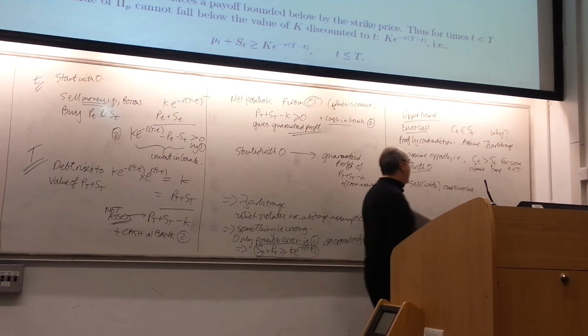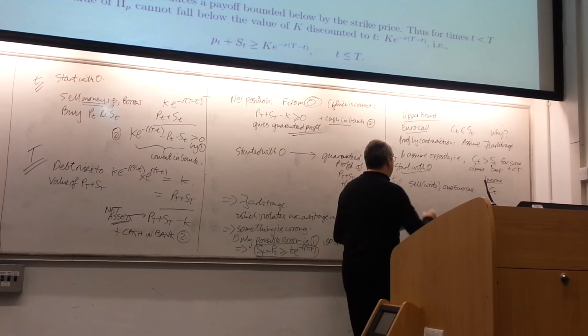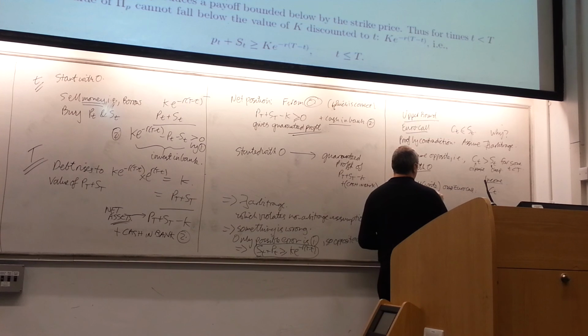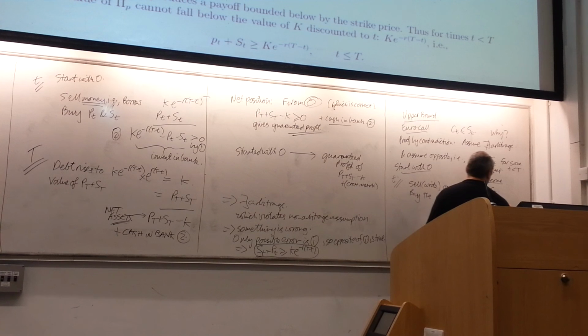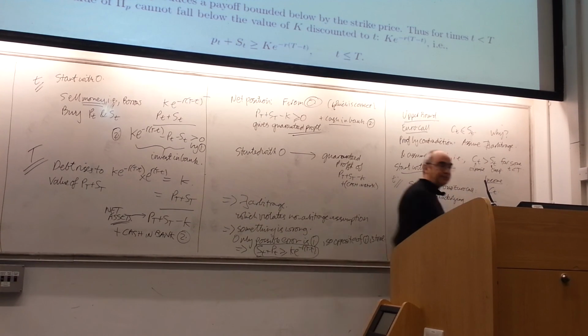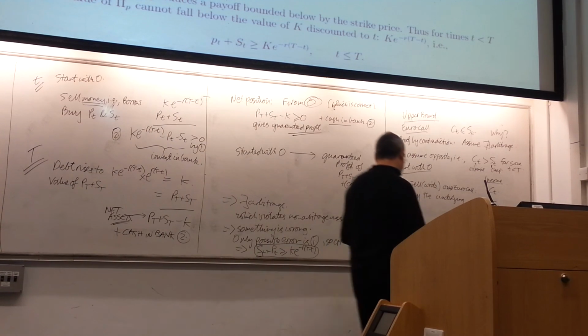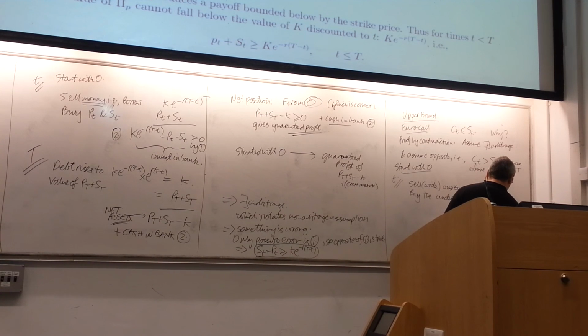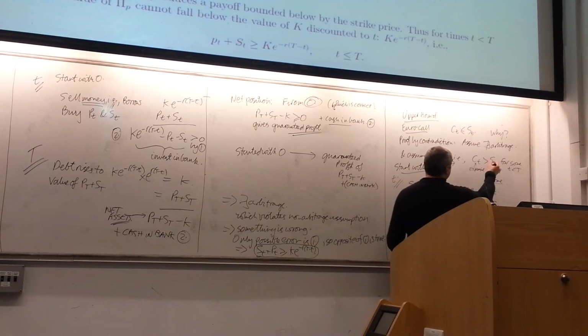Okay, that means that your cash income is Ct. You buy the underlying share. That costs you St. Ct minus St, according to this, is greater than 0. This money you invest in the bank. Okay? It's greater than 0 by this assumption here.